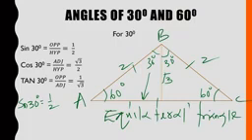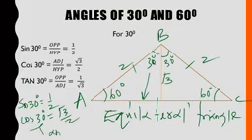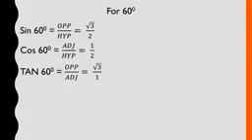Now cos 30 is adjacent all over hypotenuse. Where is the adjacent? This one becomes the adjacent, root 3. So it will be root 3 over 2. Then tan 30 becomes what? Tan 30 is opposite all over adjacent. It will be 1 all over root 3. So you take note of that. That is for the 30 degrees.